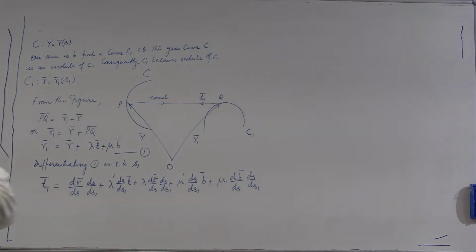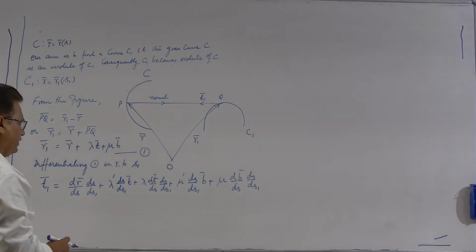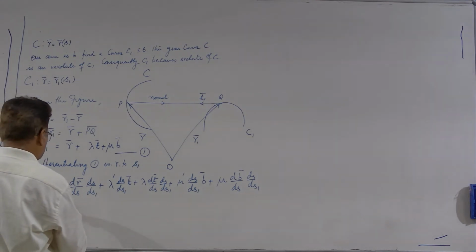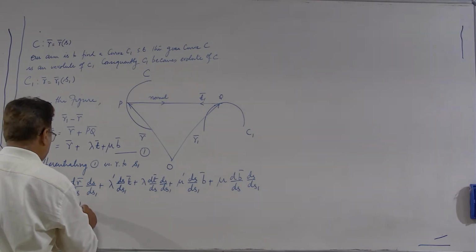So, throughout I will take ds upon ds1 common, and this expression dr over ds is t.